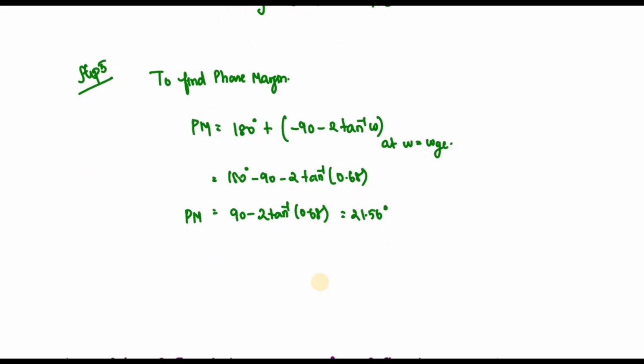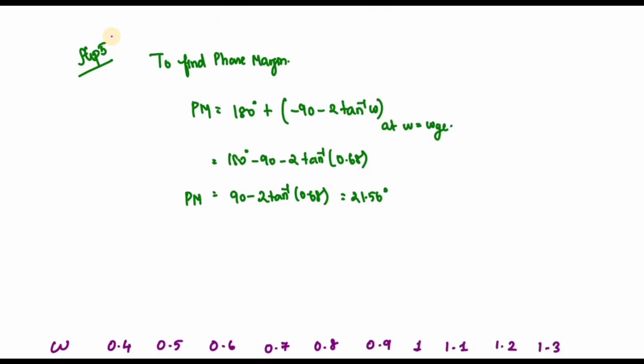So for that, if you want to find the phase, this is my question, right? G(j omega) = 1 divided by j omega into (1 + j omega) the whole square.